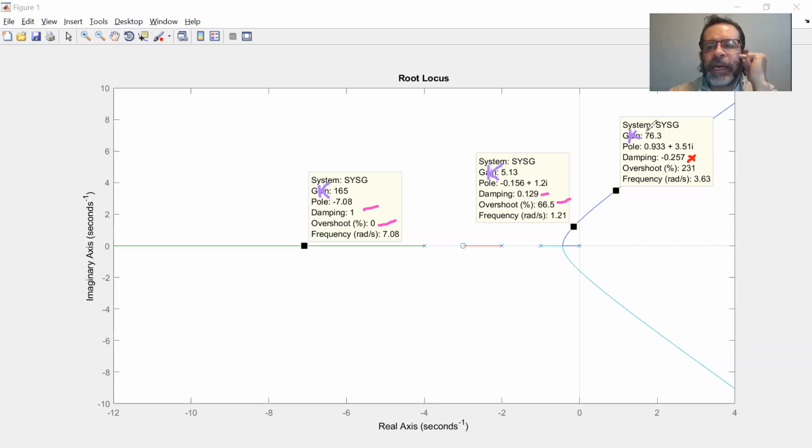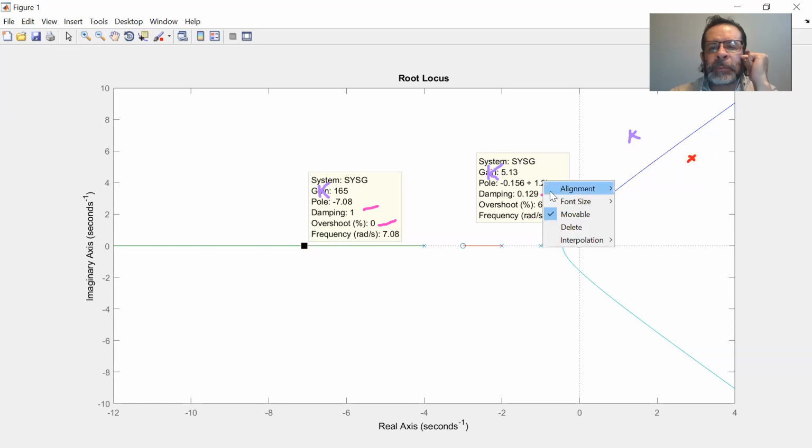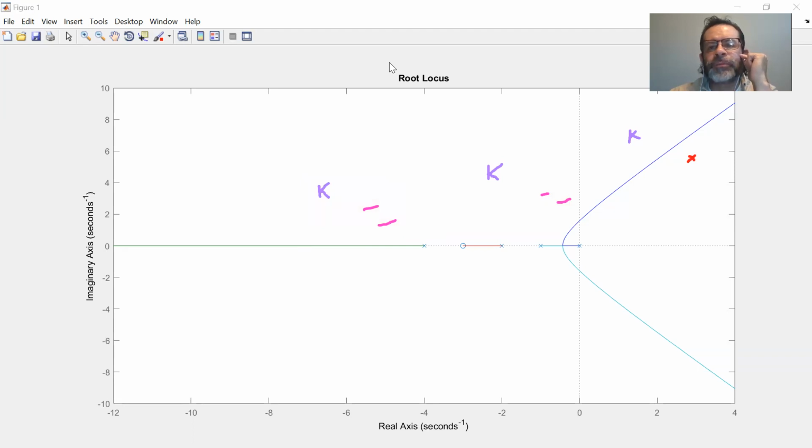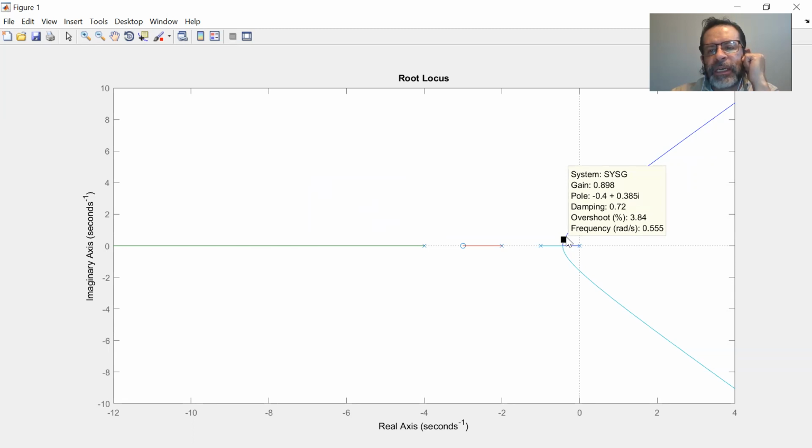Now, one thing that I can do here, I'm going to delete these. We can also use this graph to go along the root locus and trace it. So I can set a point here and trace it to find the value I want.